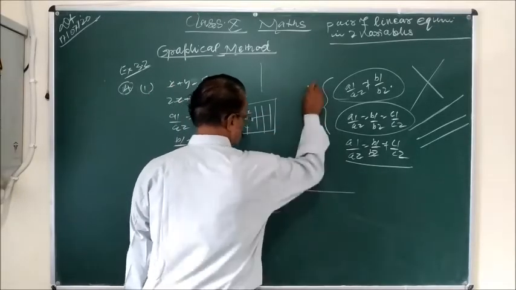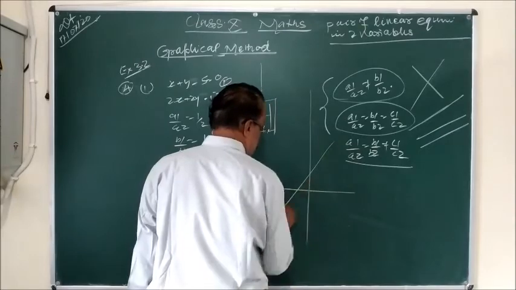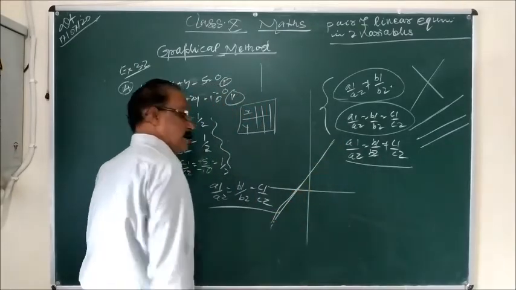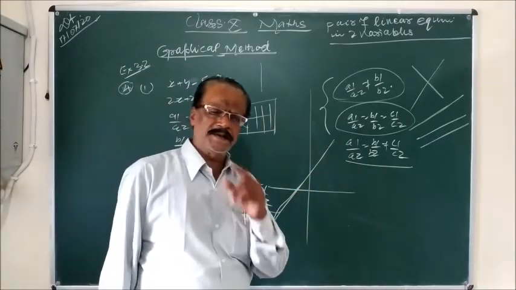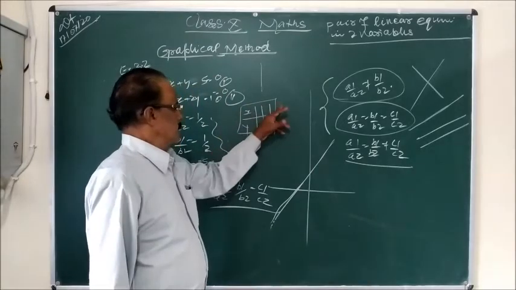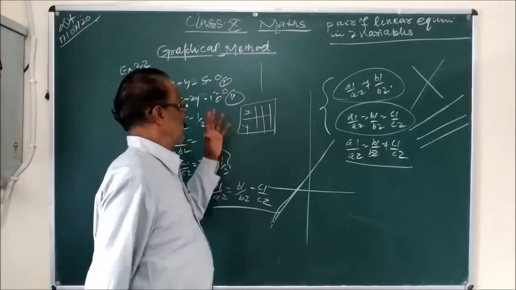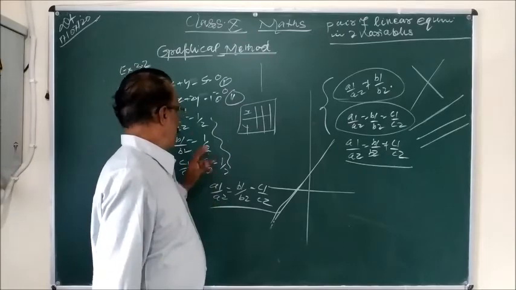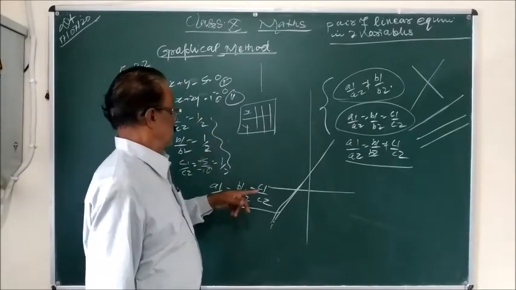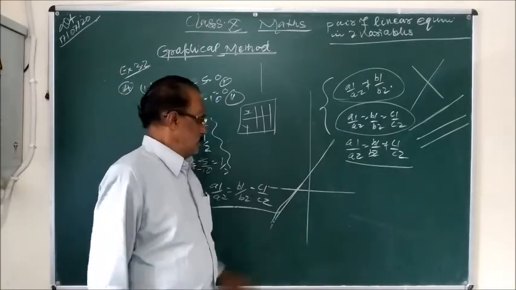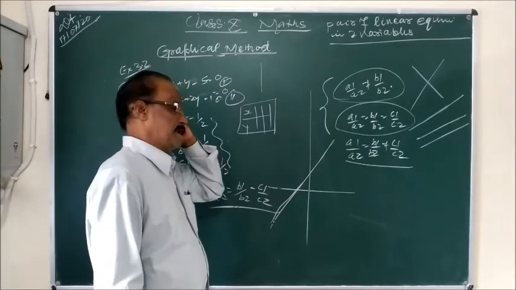I am not drawing the line, I am only giving you a hint. You find the coordinate pairs, two or three, for both the equations, you plot the points, you join the points, you will get a straight line.